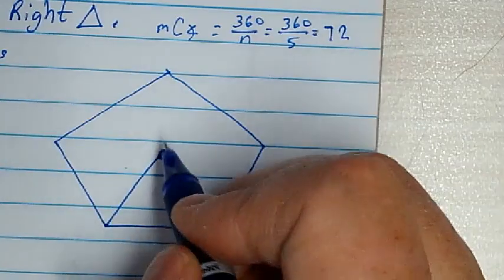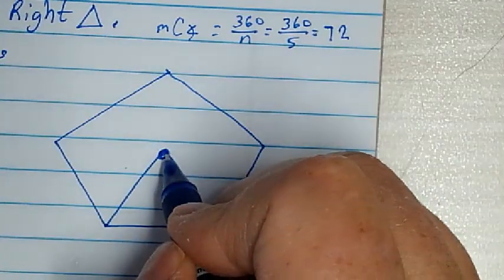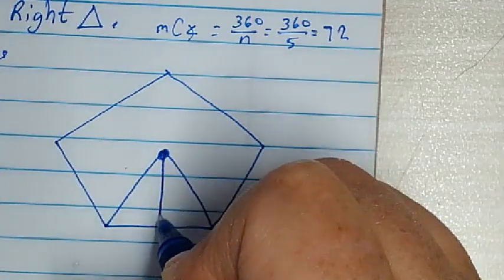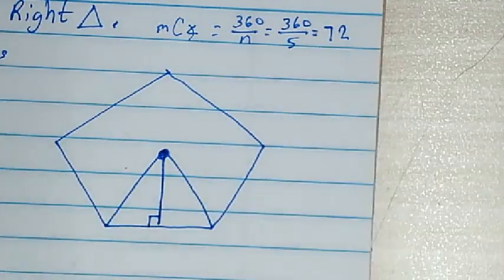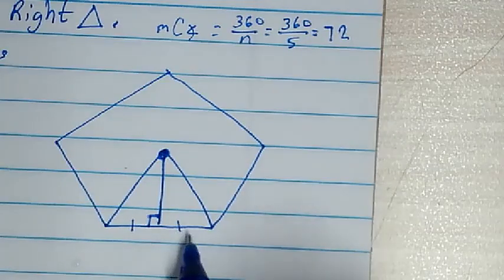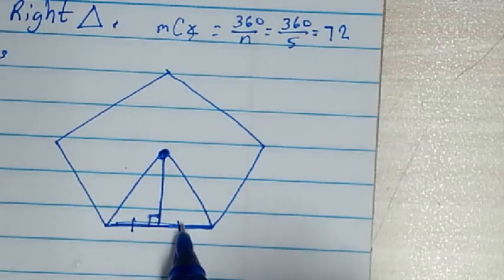But here's the deal. When you drop the vertical line from the center to the side, three things happen. Number one, it is perpendicular. Number two, it bisects this side of the polygon into two equal segments.